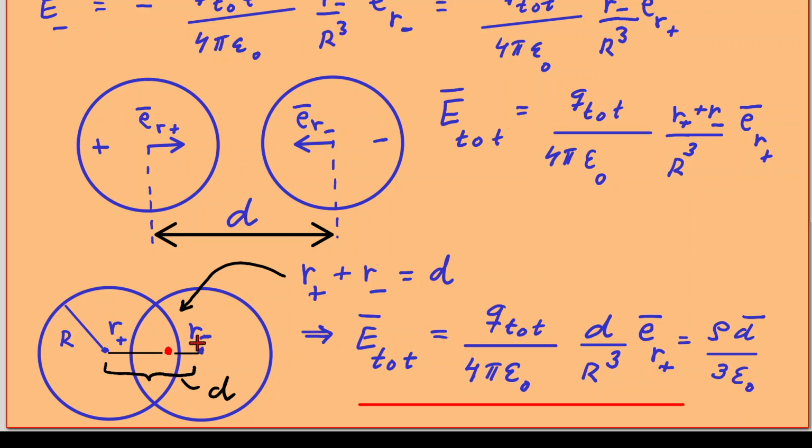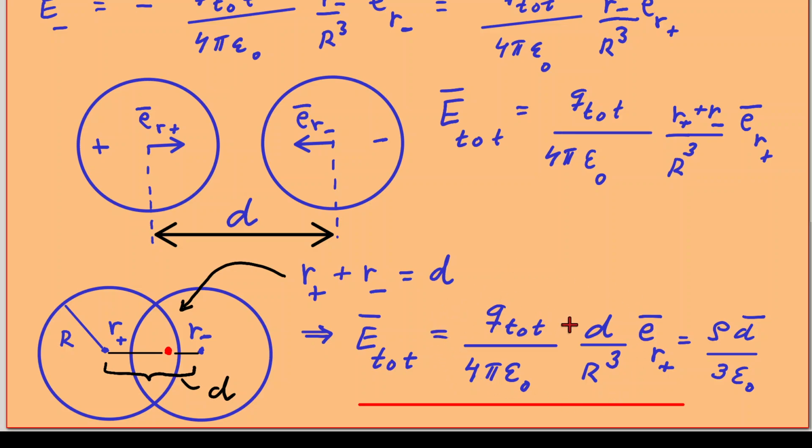And from the other sphere, it's a certain distance r minus, a smaller distance, right? And then you see this distance plus this distance, yeah, that's just d, isn't it? And fortunately, this is exactly the expression we have here. So you can just put in the number d here.